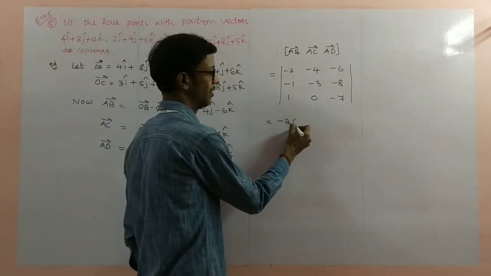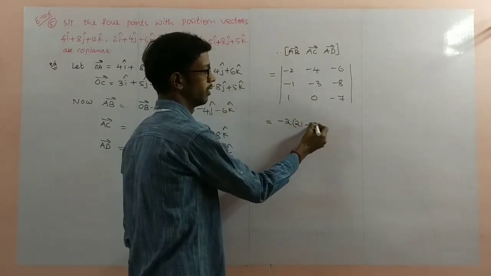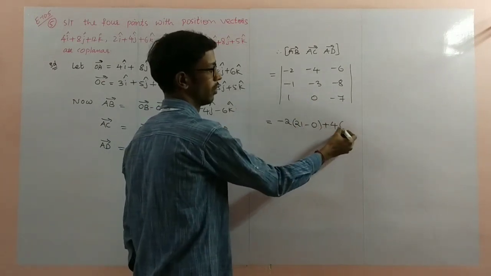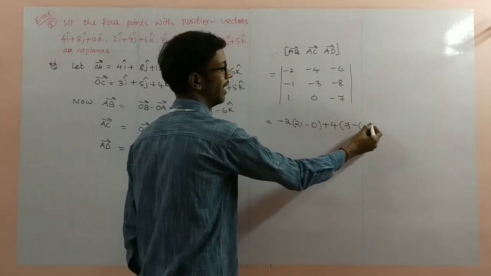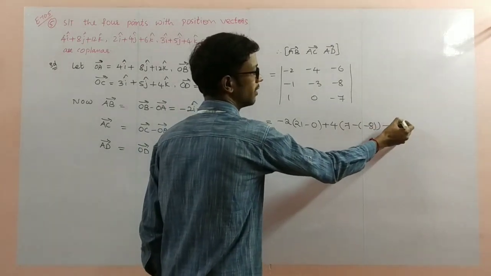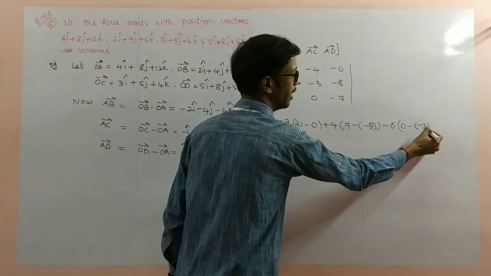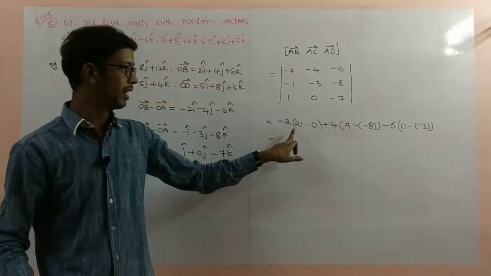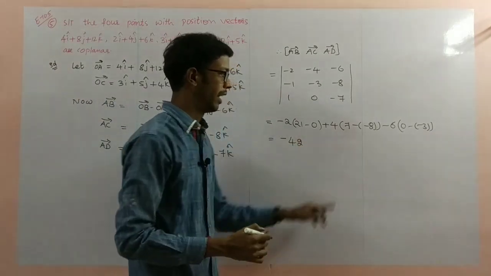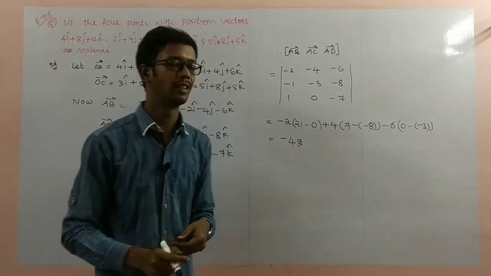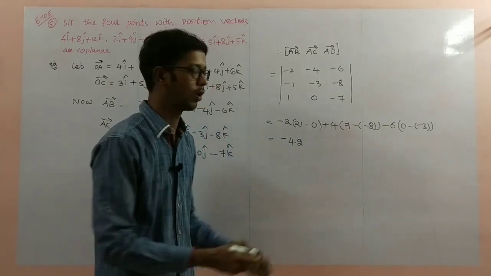Expanding along row 1, -2 into 21 minus 0, that is -42. Next, -4 becomes +4 into (7 minus of -8), 8 plus 7 is 15, 15 into 4, 60.